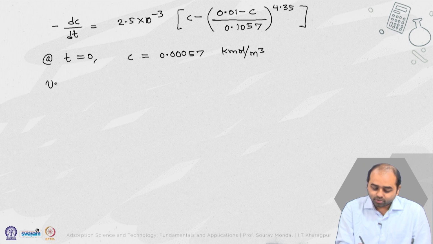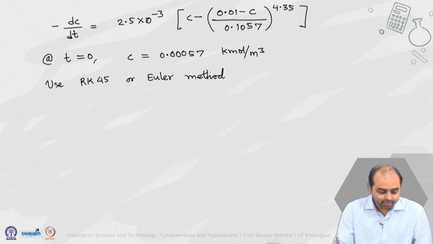So you can use Runge-Kutta 45 method or Euler's method to solve this initial value problem. You can use a small numerical technique, and from these numerical calculations you can see what is the time that is needed.